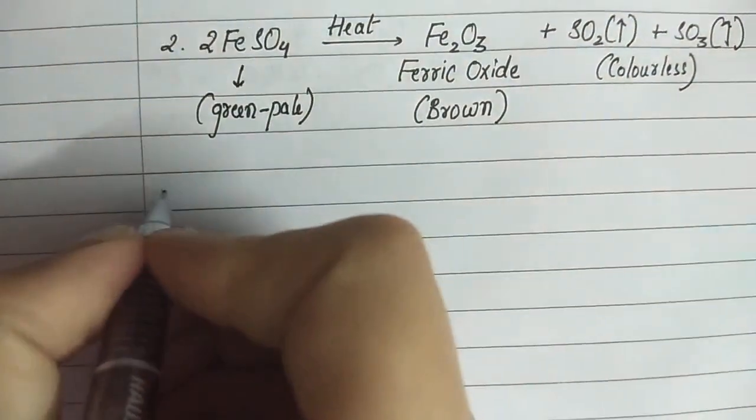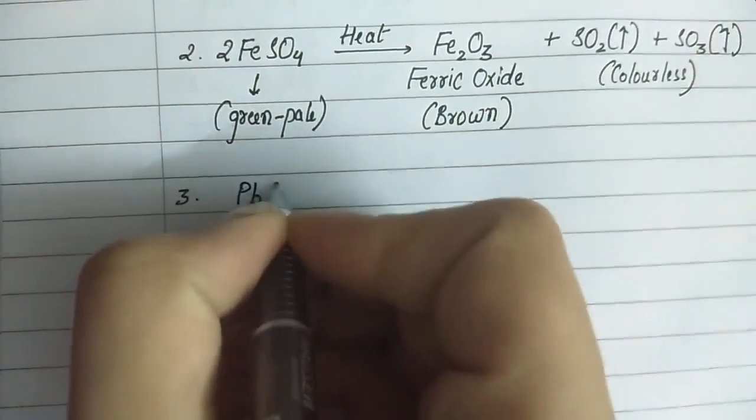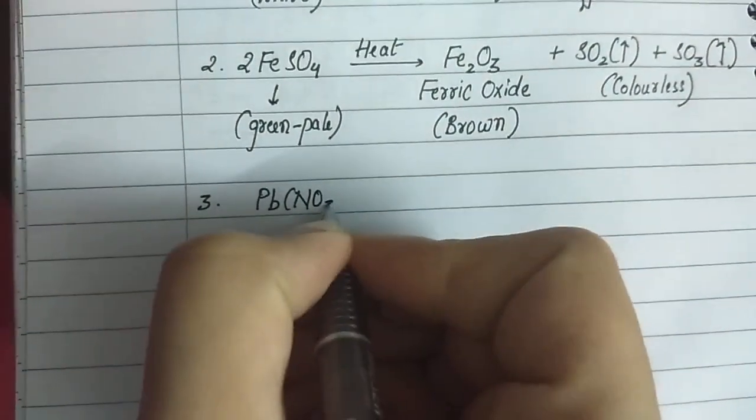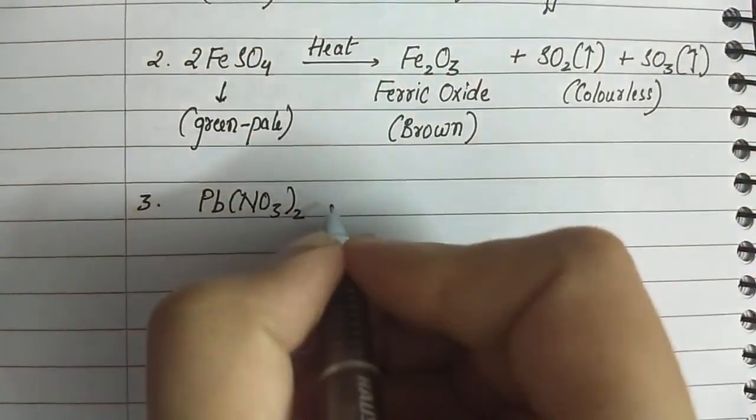Fine. Let us see the third example. The thermal decomposition of lead nitrate. All of you know how to write the formula of lead nitrate, which we have already covered in class 9th.